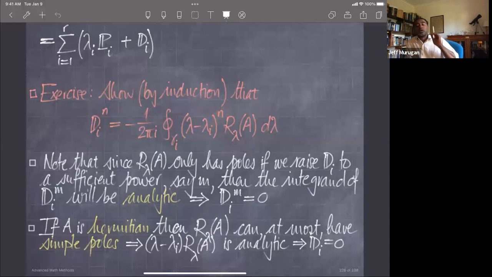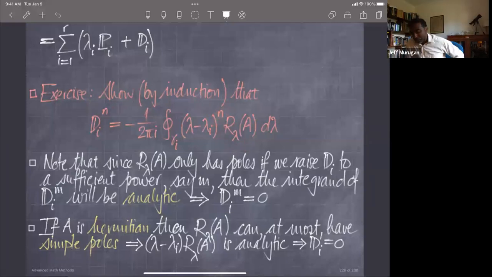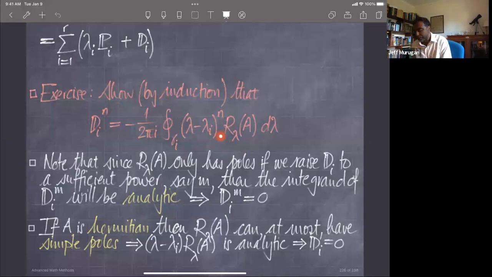In other words, I can always find some sufficiently large value of n, in this case I call that value m, to make sure that the integrand here is analytic, and then the integral of an analytic function is 0, so that the D^n will be 0. For any value of n less than the order of the poles in R lambda, the D^n is going to stick around.